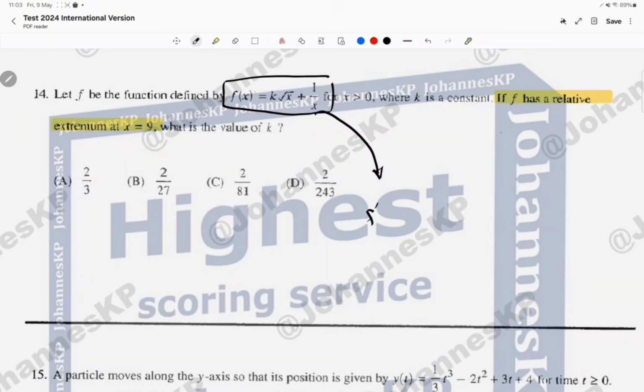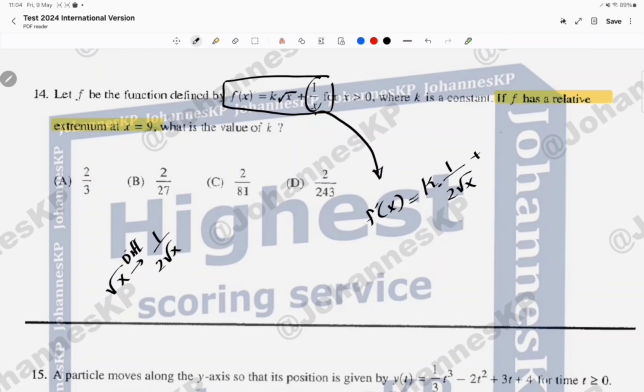So let's differentiate. Do you know how to differentiate root of x? Say x to the 1 over 2. It becomes 1 over 2 root x. So the k doesn't change. So k times 1 over 2 root x. Plus.